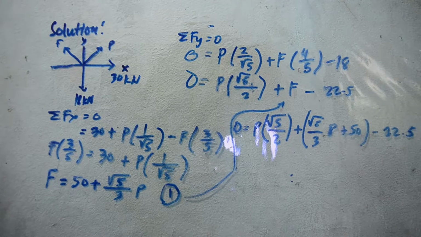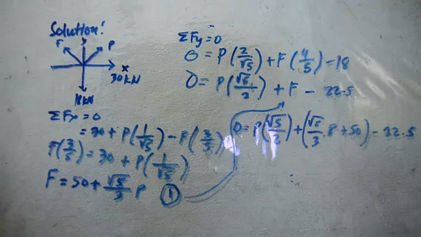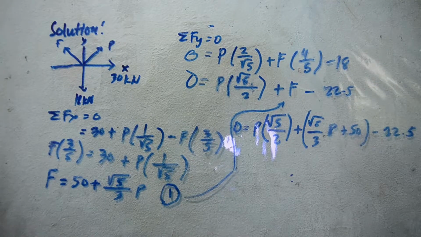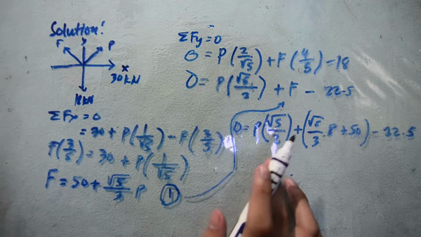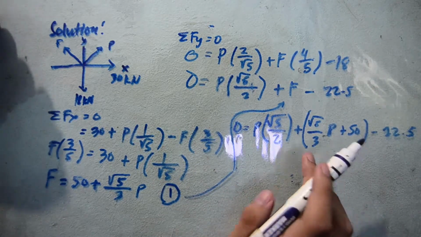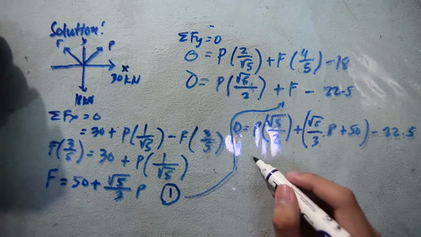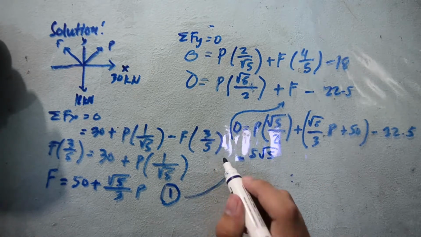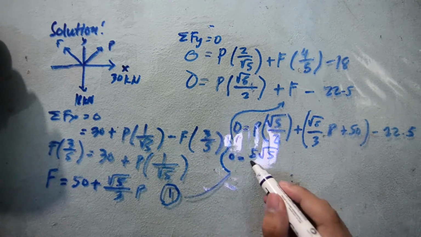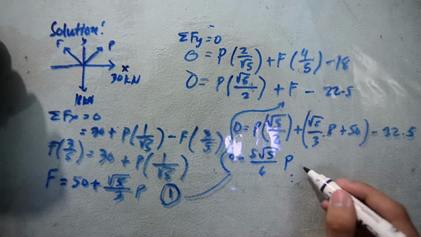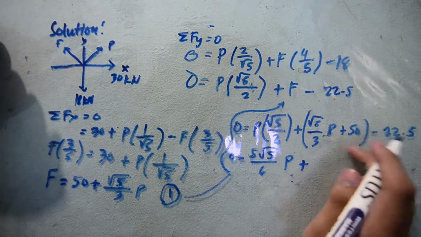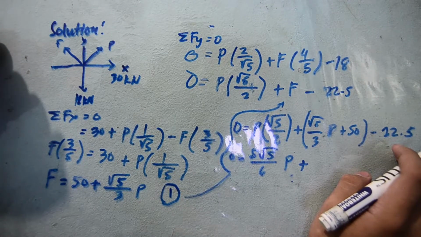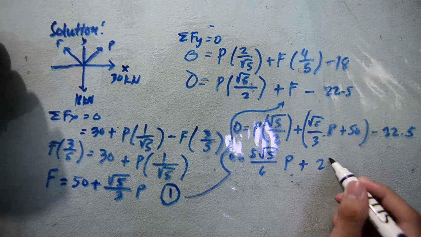Since the only missing value left is p, we're going to get the p. So square root of 5 plus square root of 5 over 2 plus square root of 5 over 3 is 5 square root of 5 over 6 p, plus 50 minus 22.5, that would be 27.5, is equal to 0.